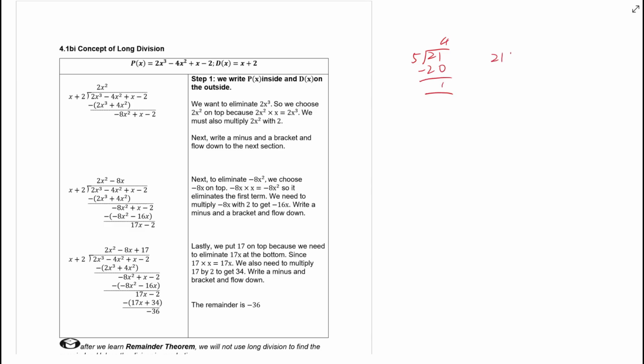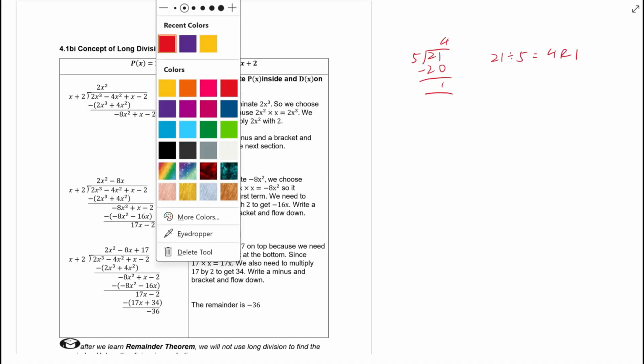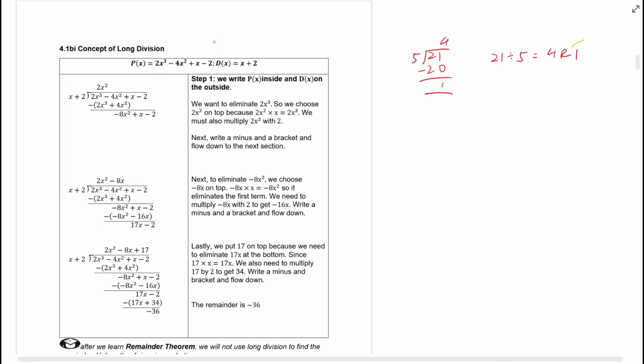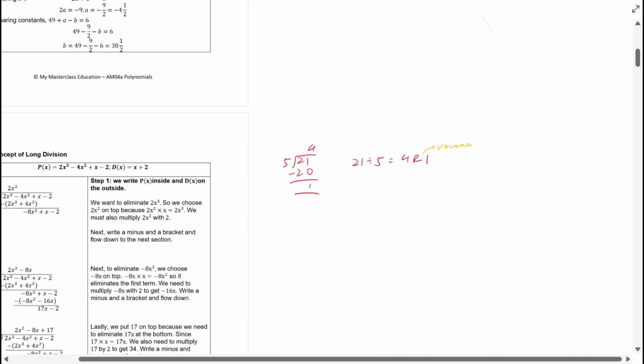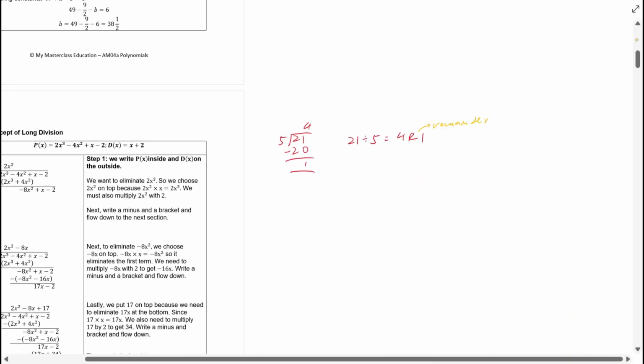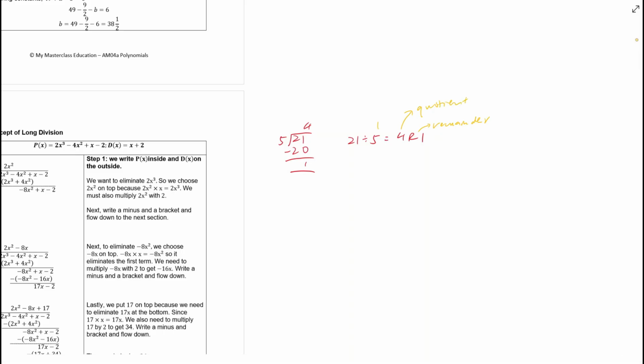So 21 divided by 5 will be equals to 4 remainder 1. And then this is our remainder. This is our quotient, our divisor, and our number.